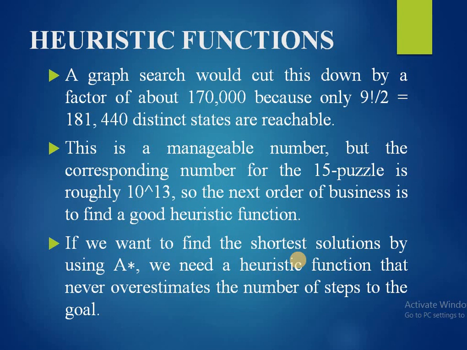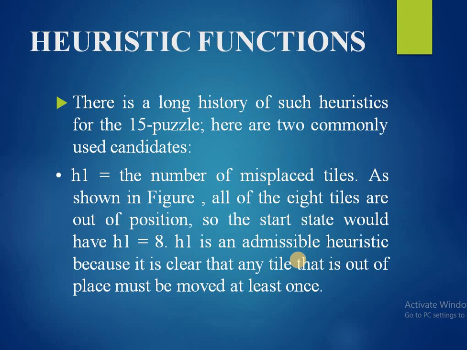If we want to find the shortest solution using A star search, we need a heuristic function that never overestimates the number of steps to the goal. There is a long history of such heuristics for the 15 puzzle. Here are 2 commonly used candidates, h1 and h2.